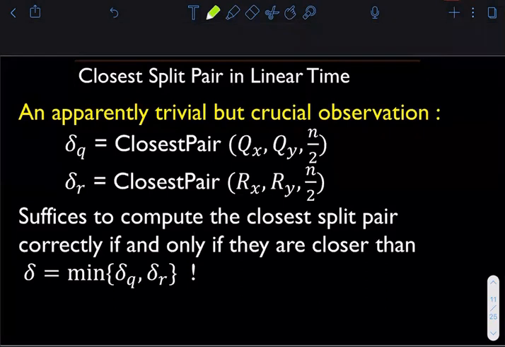The observation is the following: I need to compute the closest split pair correctly if and only if they are closer than both delta Q and delta R. What I mean is that the algorithm I'm going to give you is guaranteed to return the correct answer for closest split pair only if the distance between those two points is less than either delta Q or delta R. If it's more than delta Q and delta R, then I do not guarantee that closest split pair will return the correct answer.